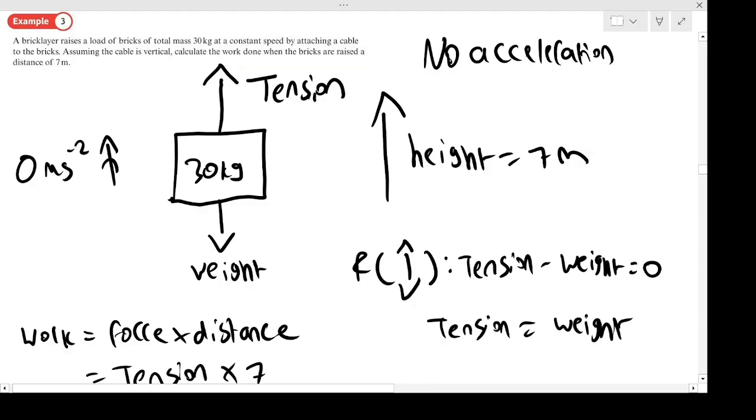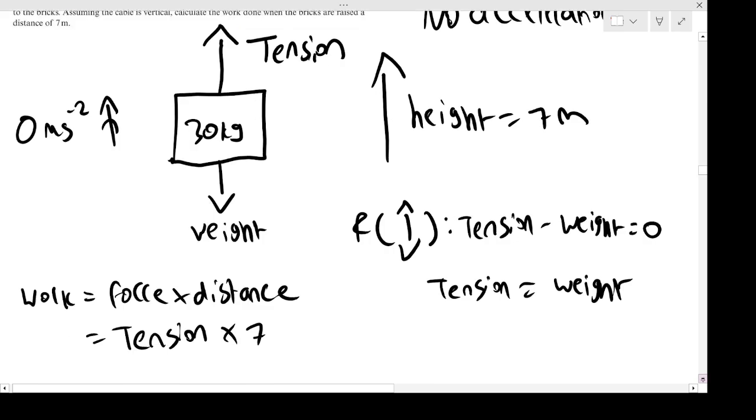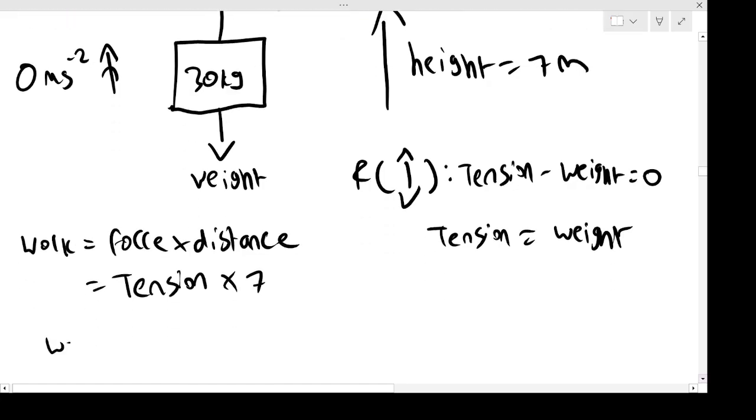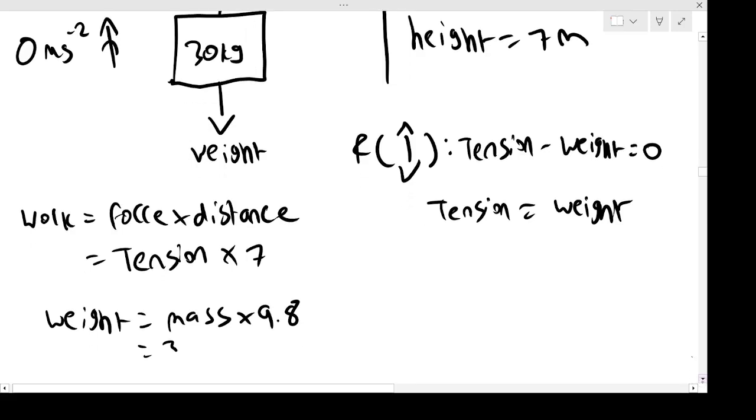So we need to find the weight. Of course, we know that weight is mass times g, or mass times 9.8. We know the mass is 30, so weight is 30 times 9.8. So that will get me 294 for the weight.